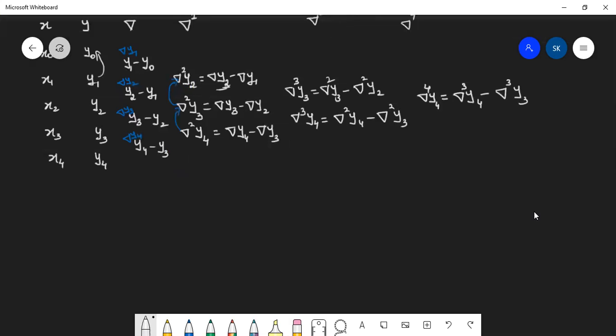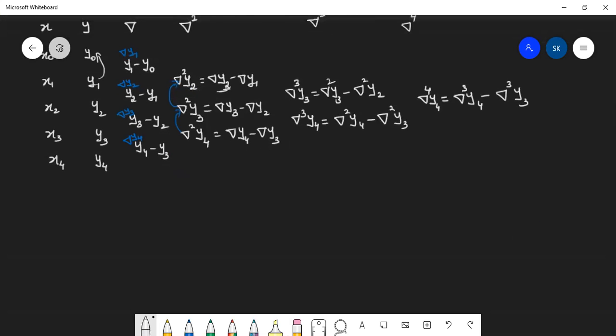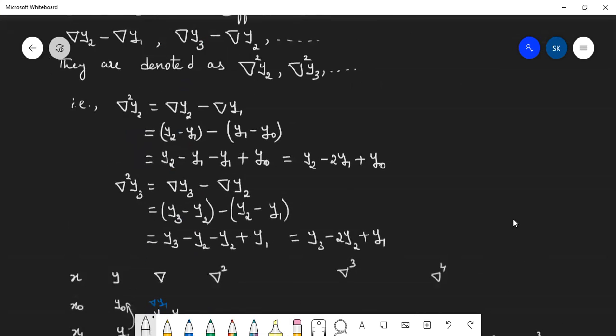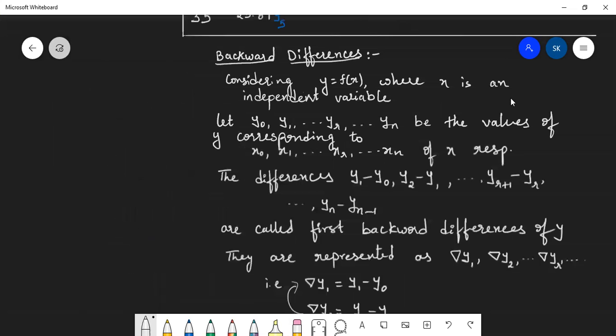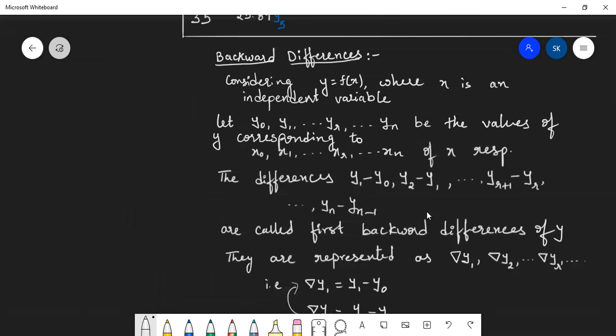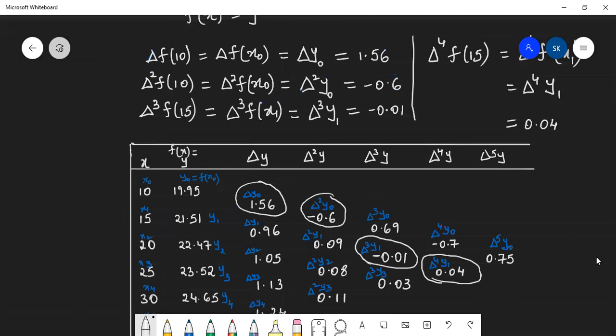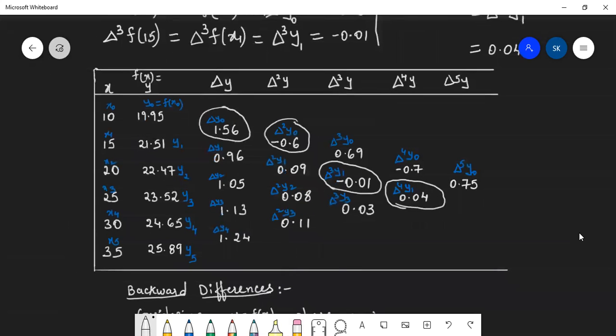Shall we write down the values from the previous example, what we have done for forward? I'll show you the sum. We'll take down the question differently. Fine. Now, in this table, the values will be the same. Once you subtract, the values will be the same. Only the notations will be different.